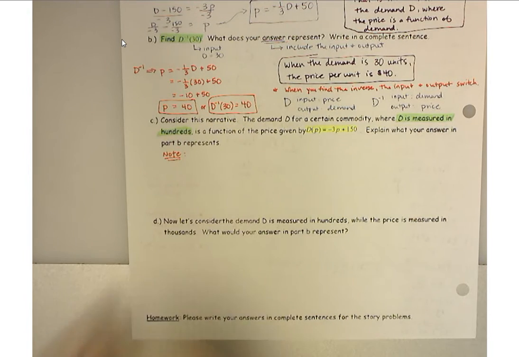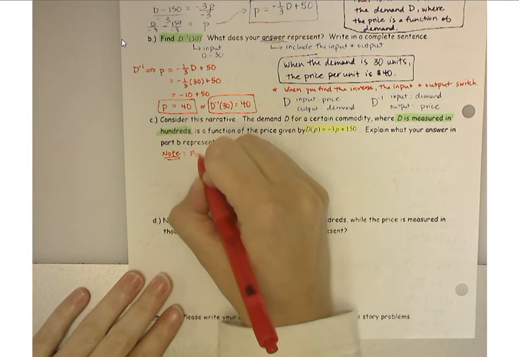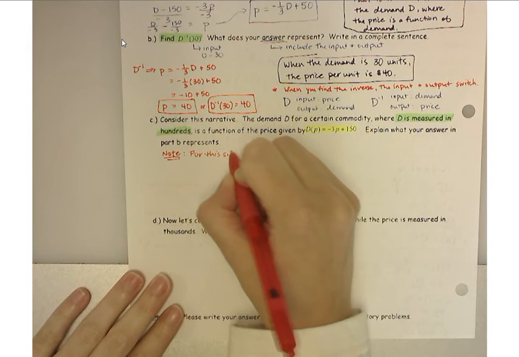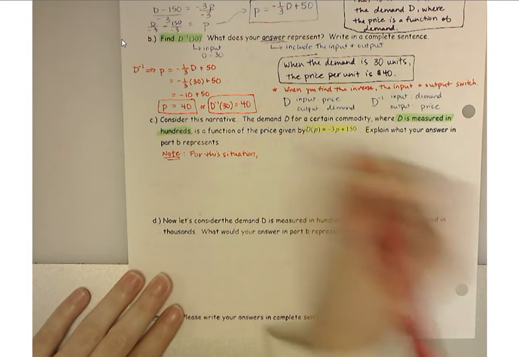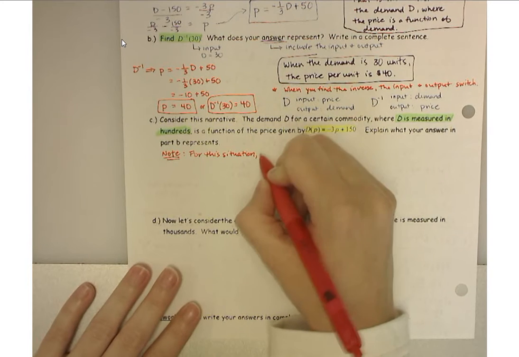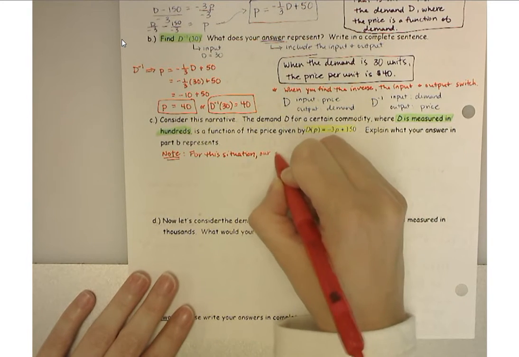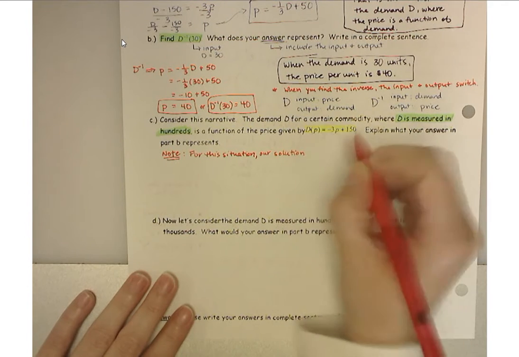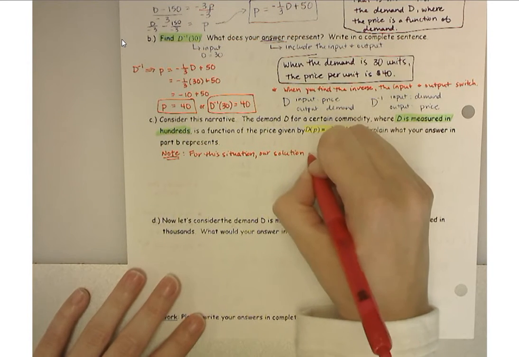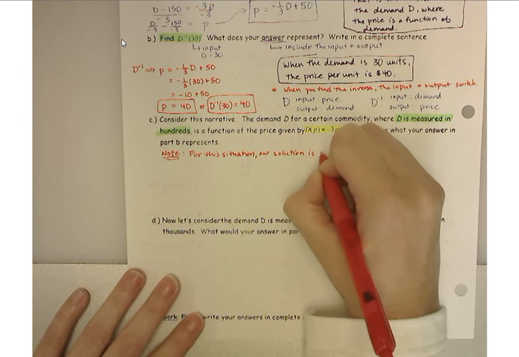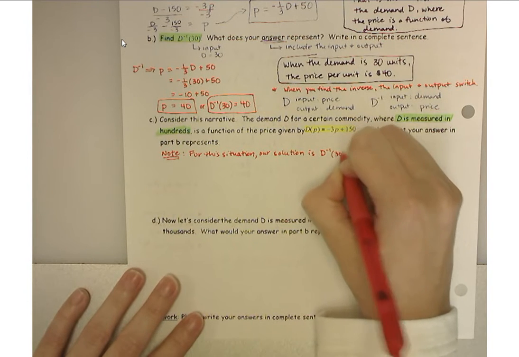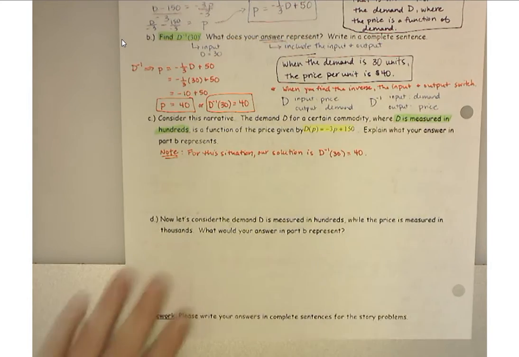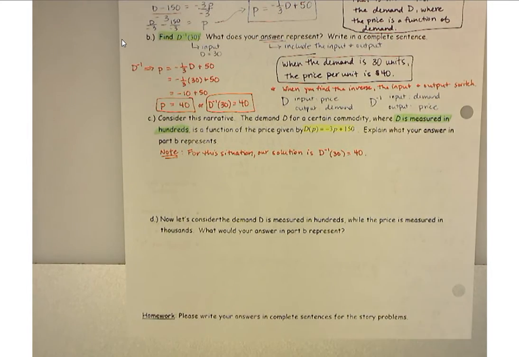Note, even though what it's measured in changes, for this situation, our solution is still that the inverse of 30 is going to be equal to 40.